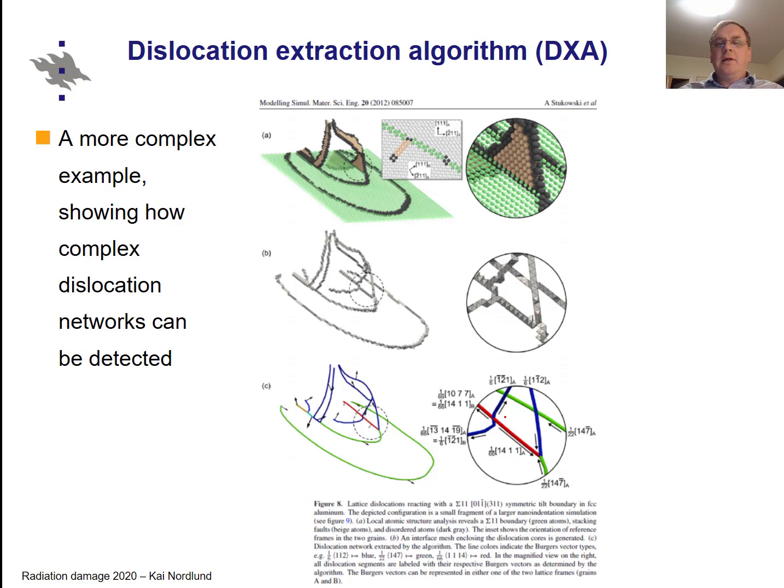One can create complicated dislocation networks like here, and then define what the Burgers vectors are for these. Note that this works for both perfect and partial dislocations. In this case, you see that these planes here are the core of one partial dislocation where atoms are not in perfect neighborhoods, and then this analysis gives the structure of the partial dislocation, and in other places you only have perfect crystal, and then it gives the structure of the perfect dislocation.